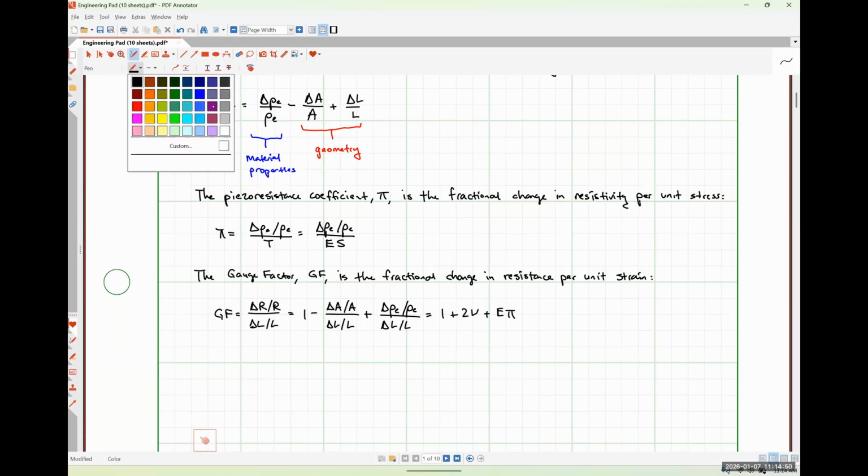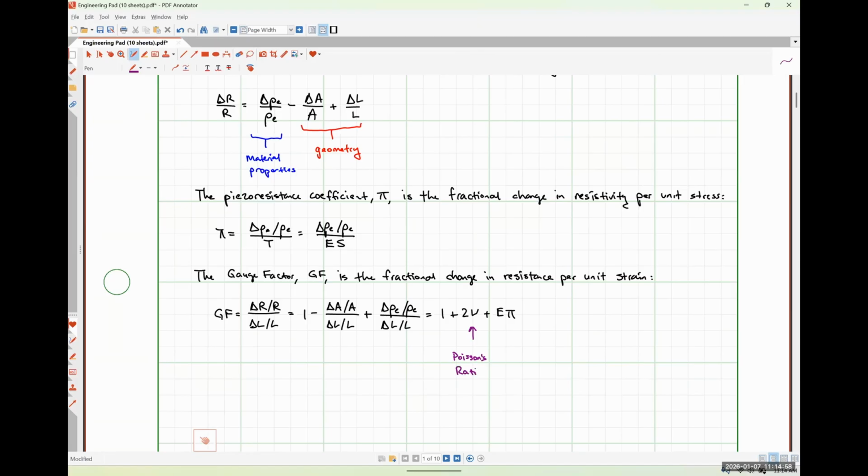And this nu, just to remind you guys, is the Poisson's ratio that we introduced much earlier when we were reviewing mechanical concepts. The first two terms in this expression for the gauge factor are due to any geometrical changes that our material experiences.